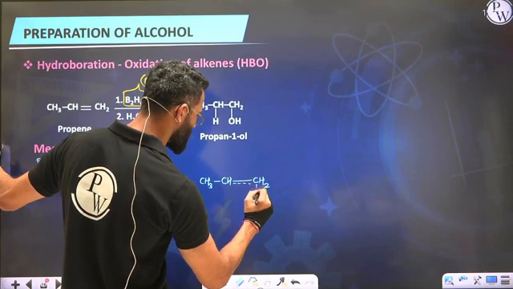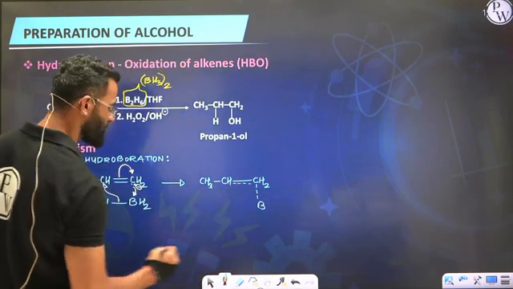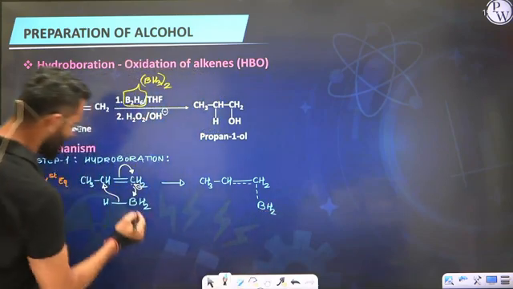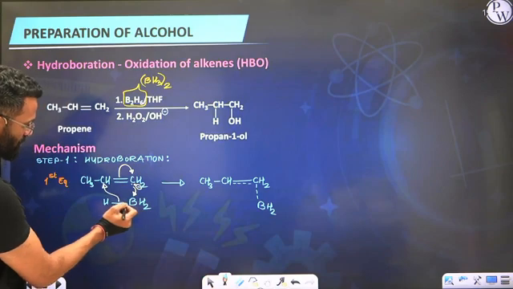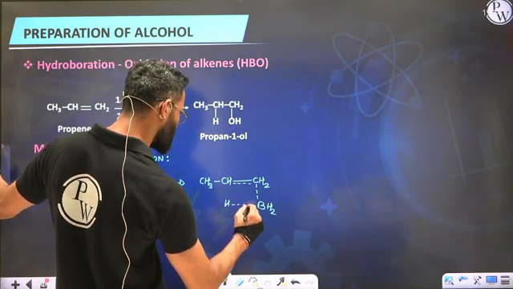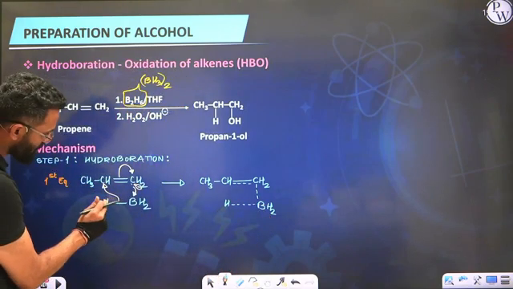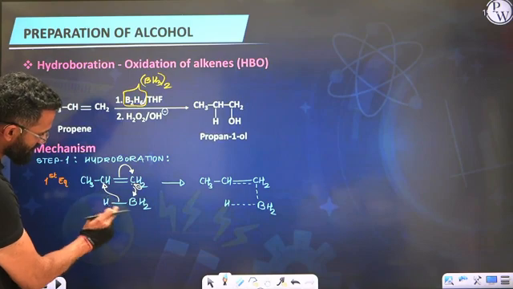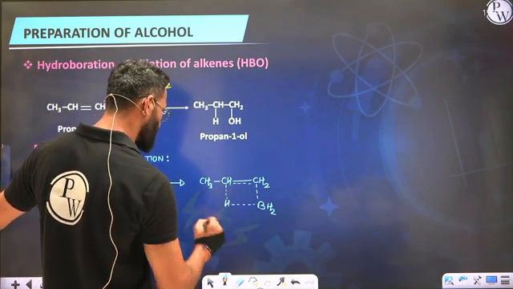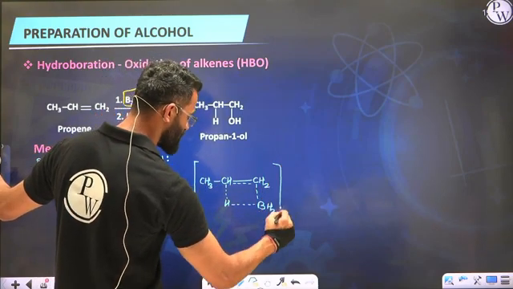There is a new sigma bond in the process of formation with boron, carrying 2 hydrogen atoms. Now the boron and hydrogen bond is in the process of breaking. So there is going to be partial bonding between boron and hydrogen as well. And a new sigma bond in the process of formation between hydrogen and carbon as a result of attack of a hydride on the carbon. So this is partial bond making. This is the 4-membered cyclic transition state.